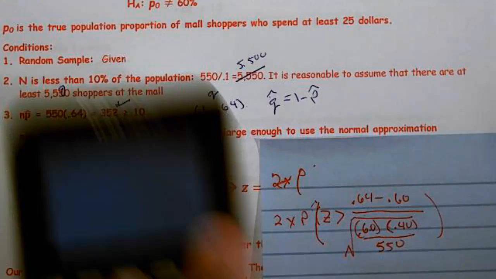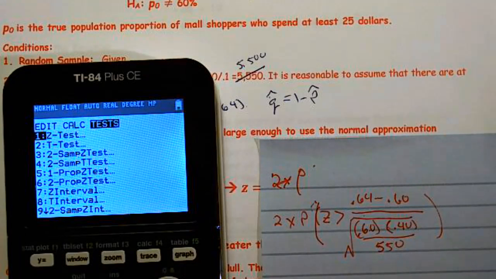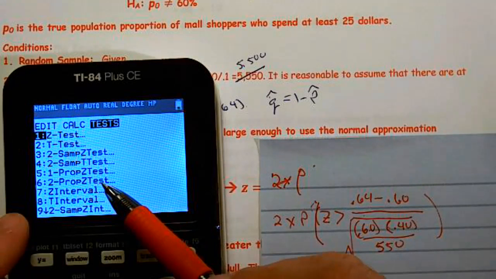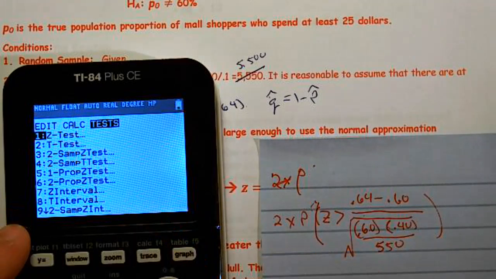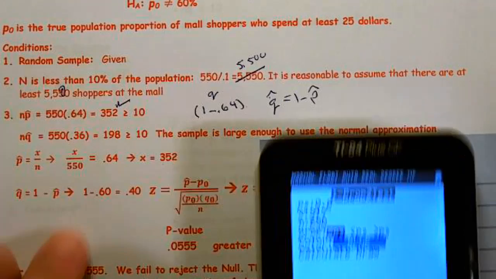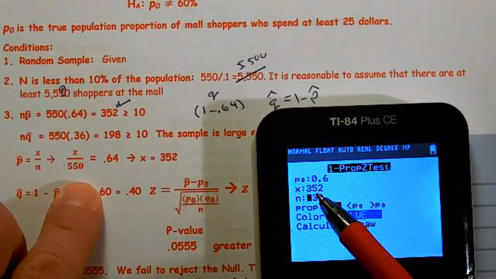At that point, I can go ahead and start running my test. It's going to be stat, test, and I'm going to scroll down until I get to 1-proportion Z test, which is number 5. My p naught was 0.60. My x, we calculated it as 550 times 0.64, and I get a whole number, so that's good.